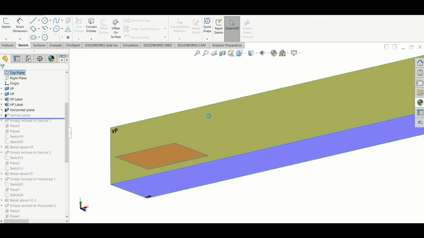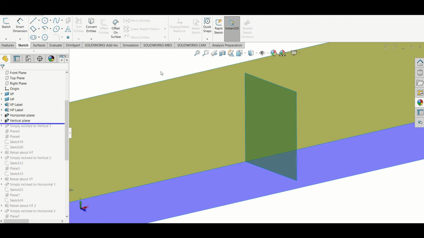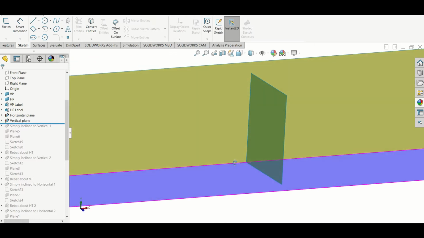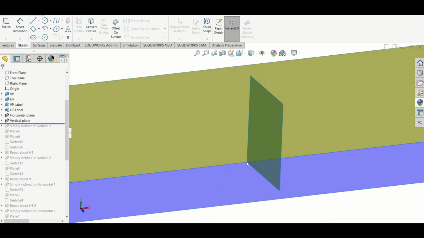A vertical plane is next, and the vertical plane is right there. It's a plane that just stands straight up off the ground. It's a very easy plane to imagine and to visualize what's happening. It has two traces. It has a vertical trace standing straight up along the vertical here, and it has a horizontal trace coming out along here.